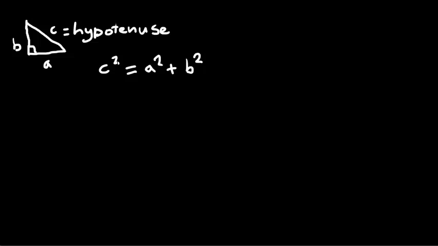Okay, so the square of C is equal to the square of A plus the square of B. Now, once we've worked this out, C squared equals A squared plus B squared, then to work out C, we haven't finished yet. Okay, so C squared is only the square of the hypotenuse. To get the actual length of C, we have to square root our answer.